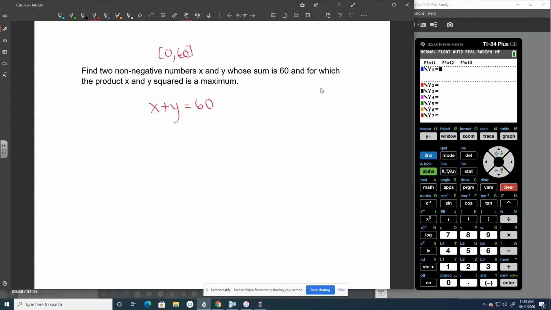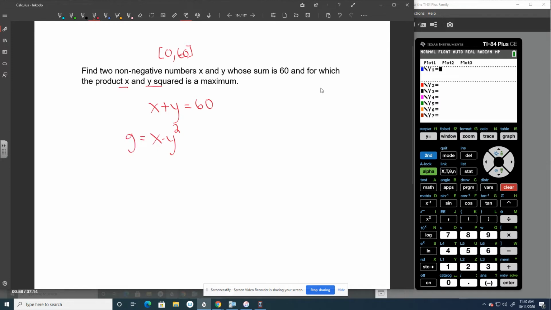And it also tells us the product x and y squared, so x times y squared, is a maximum. So that's what we're trying to maximize, this product. So let's make that a function. Let's call that g. I don't know.